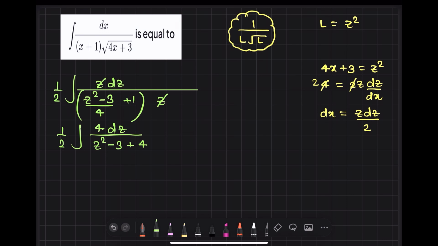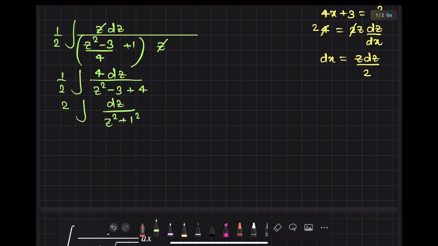So can we write this thing as 4 by 2, that is 2 integration of dz by z square plus 1 square. Now this is something square plus something square without root in the denominator. So do you think you guys are comfortable? Yes, we are comfortable.